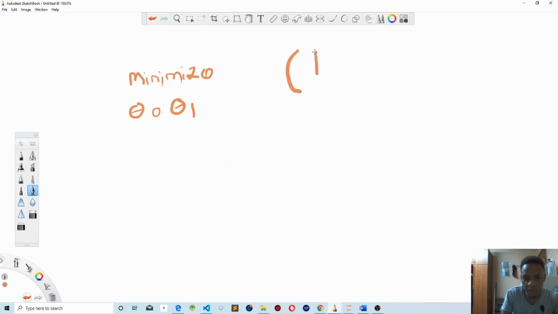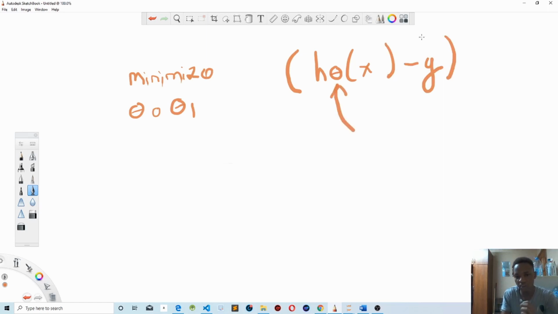We want to minimize the difference between what our hypothesis, h theta of x, is predicting and the actual value of y. So what we do here, we minimize this and then we square it, and then we want to find the summation, the sum of this.